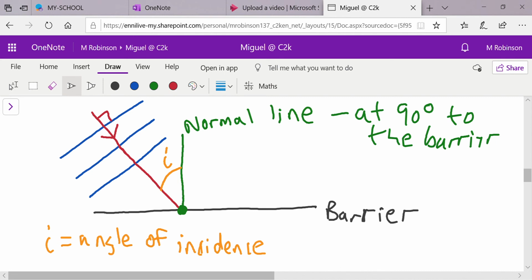So these three waves on the way in, so they're coming in towards the barrier, they are called the incident waves. And the angle between their direction of travel in red and the normal line is called the angle of incidence, I.